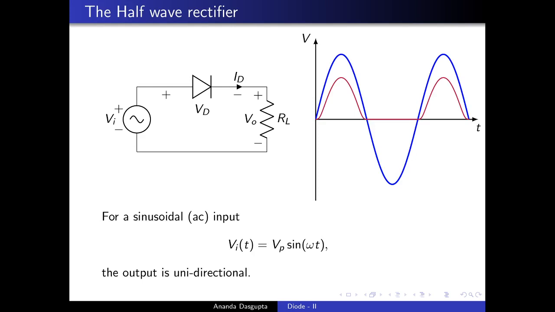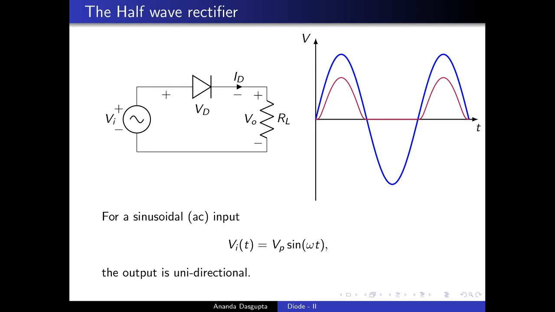Well, if you put in an input which is sinusoidal, Vp sin omega t, where Vp is the peak voltage and omega of course is the angular frequency, the output, as we studied in the last class, is given by this purple curve here, and this output is unidirectional. Unlike the input, which goes both positive and negative, so changes direction, so it's alternating, the output is not.